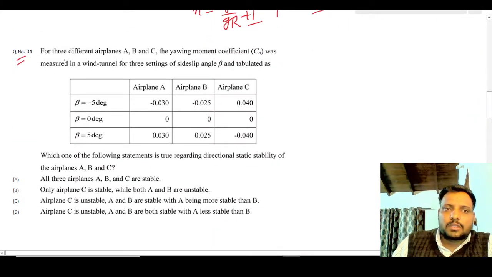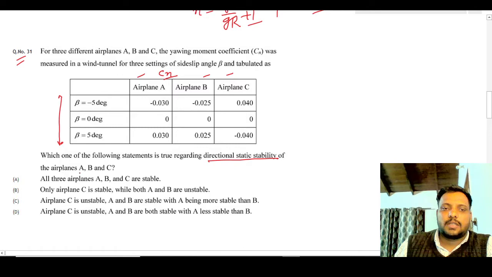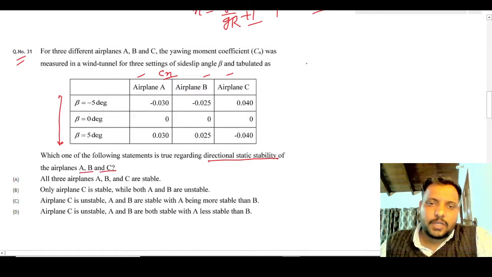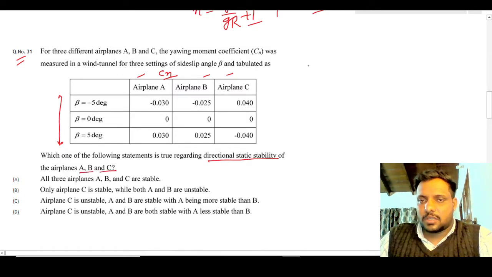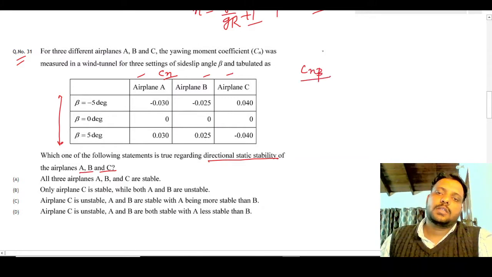So in question number 31, for three different airplanes A, B and C, yawing moment Cn values are given for different values of beta. We have to find out the true statement regarding directional static stability of airplanes A, B and C. So when we talk about directional static stability, Cn beta is the parameter which determines the stability.